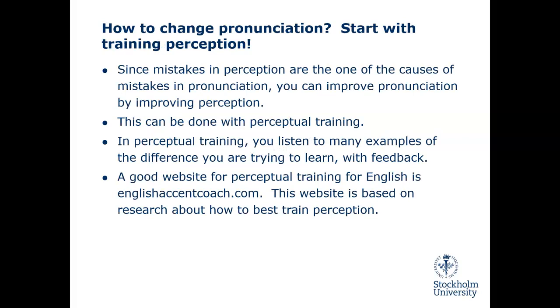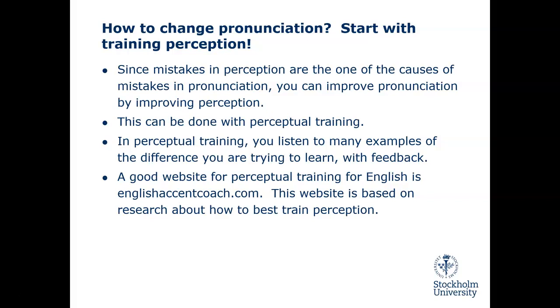So now that we know that accent is caused by listening, how can we train pronunciation? In order to change pronunciation, you start by training perception. Since mistakes in perception are one of the causes of mistakes in pronunciation, you can improve pronunciation by improving perception. And research has shown that this can be done with perceptual training.